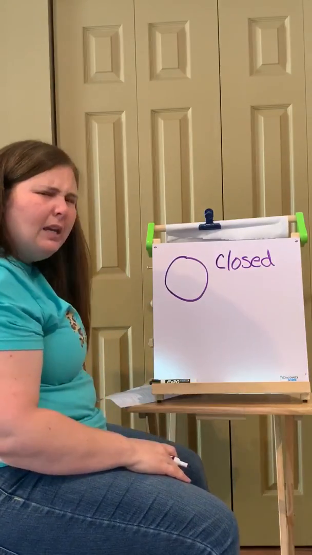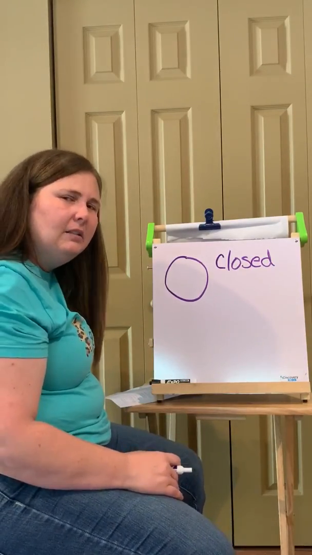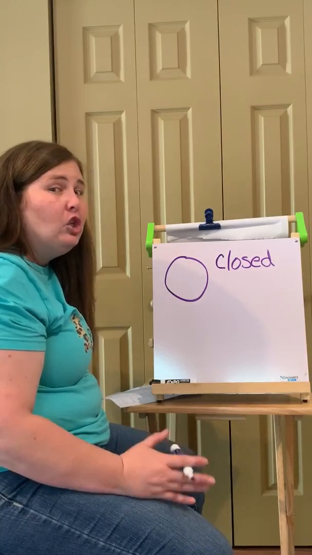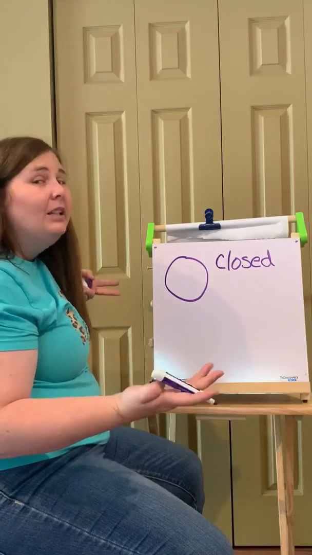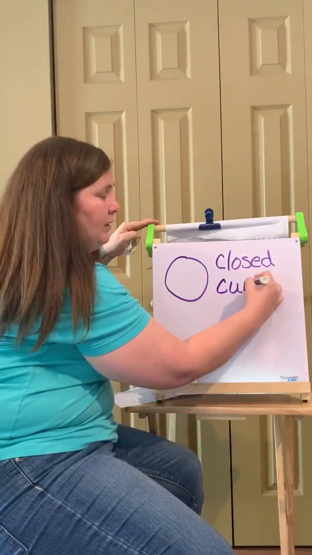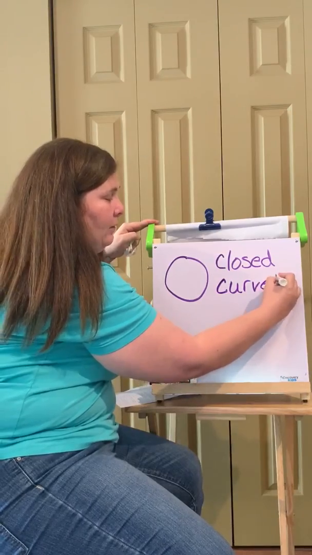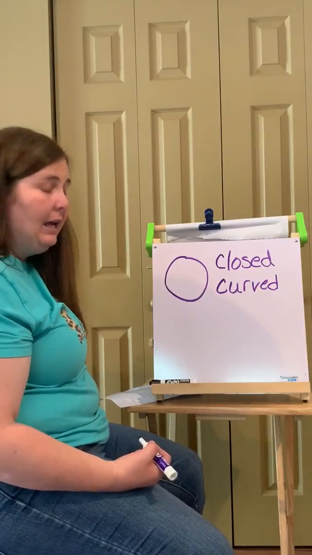Can you tell me something about the lines? What is the shape of the lines on here? Are they straight? Are they curved? They're curved. So this is a curved shape. All I'm doing is describing. I'm giving you those attributes. This is a closed shape that has curved lines.